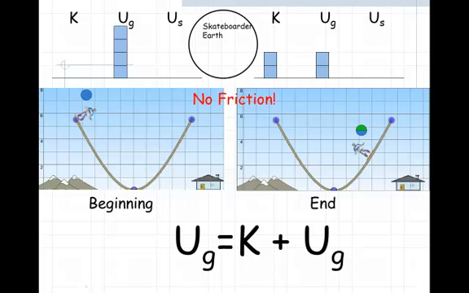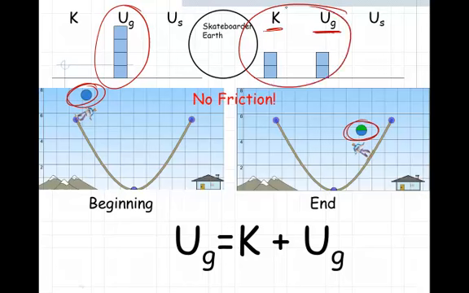At the end, he's got some kinetic energy and some gravitational potential energy, and the size of these pie charts doesn't get any bigger or any smaller, they remain constant. We can say that all of the gravitational potential energy at the beginning turns into a combination of the kinetic energy and gravitational potential energy at the end.